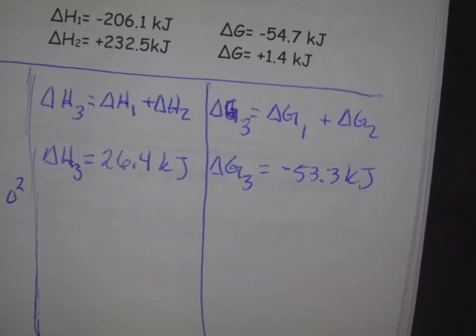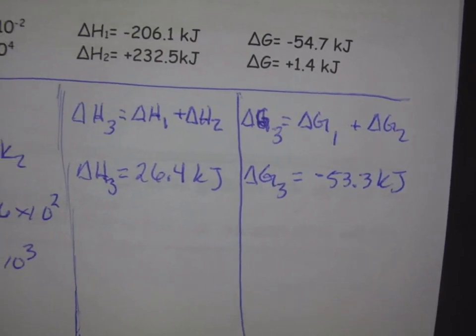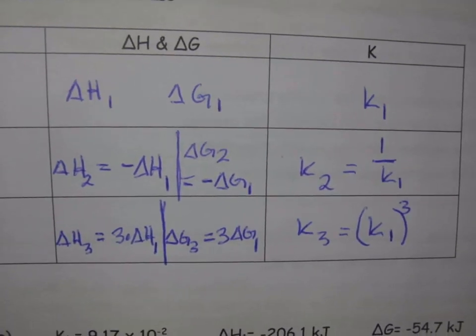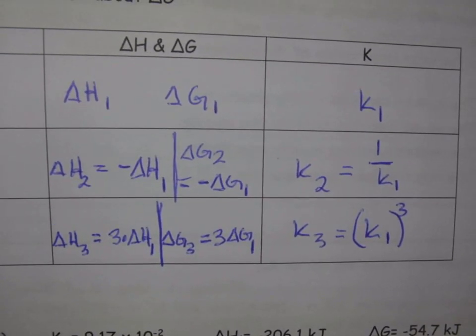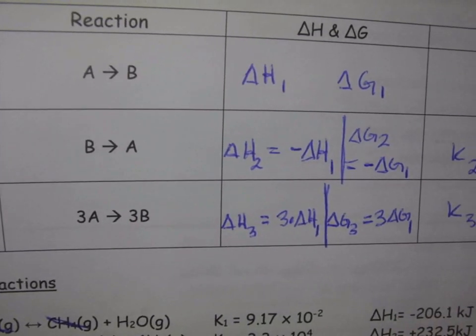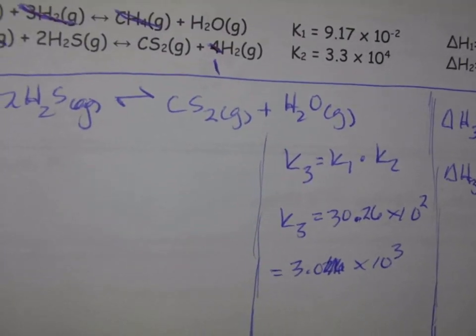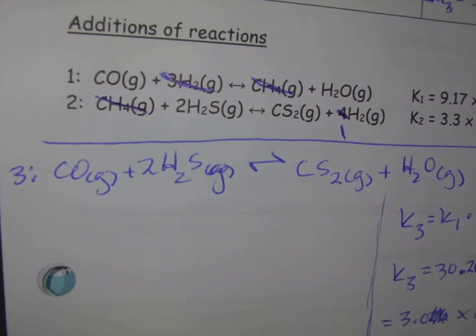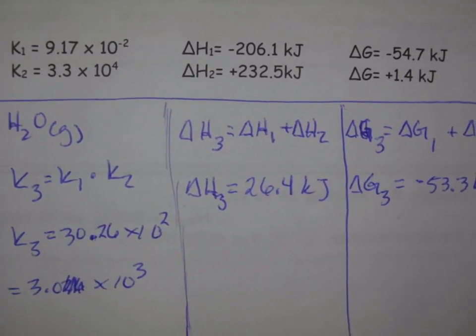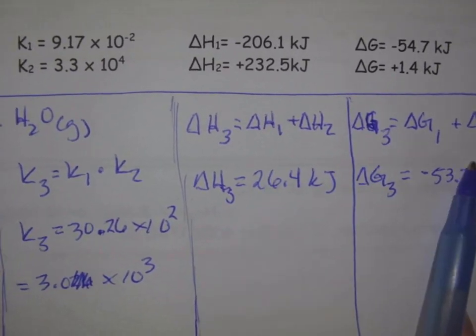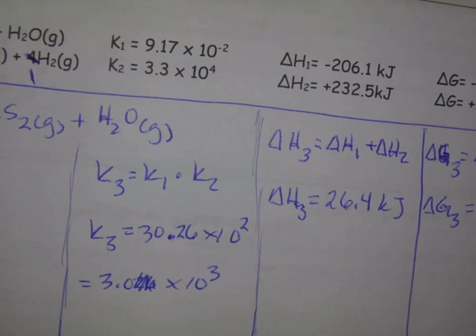That's our answer for that. So we've discussed the differences between delta H and delta G's when we're manipulating reactions, and then when we add reactions together, we see that we would add together H values and G values, but we multiply K values.